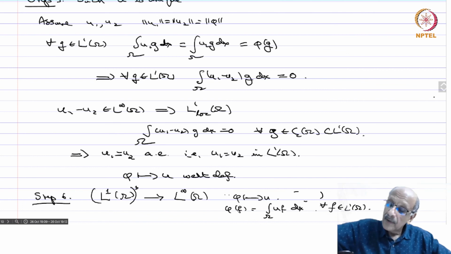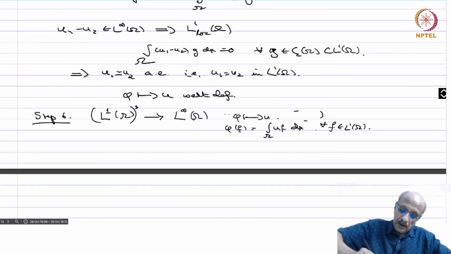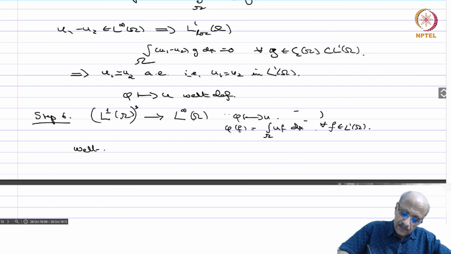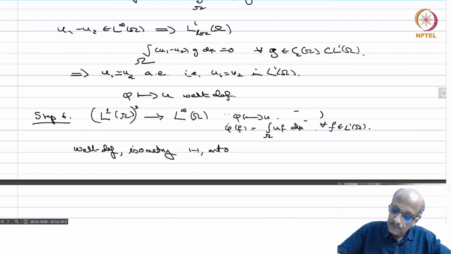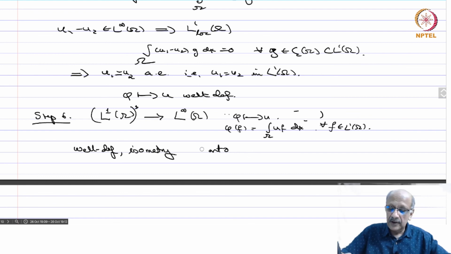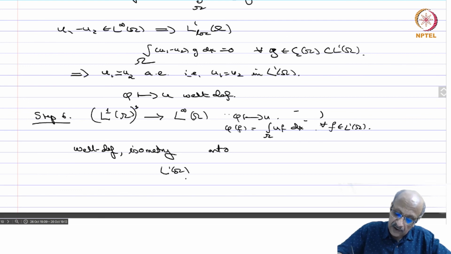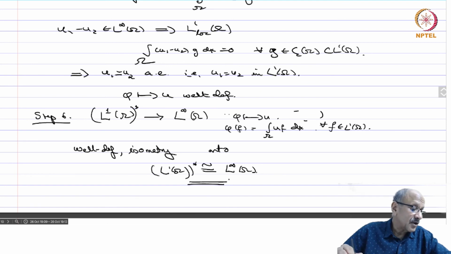This map is well defined, an isometry, and one-one and onto. So it's one-one because it's an isometry and it's also onto. Okay, and therefore you have that L1 omega star is isometrically isomorphic to L infinity of omega. So this proves the Riesz representation theorem.